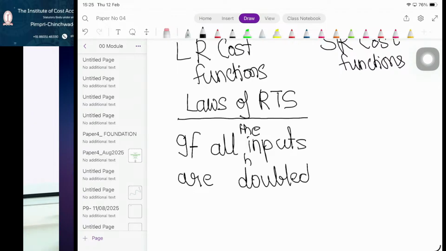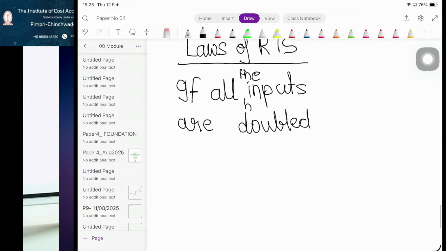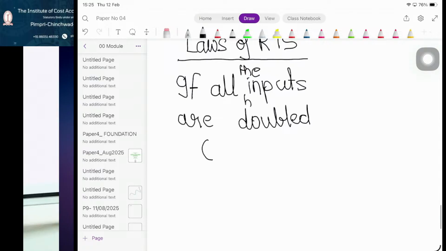just think of it like this, a firm is using capital and labor. Suppose a firm is using 5 units of capital and 10 units of labor.